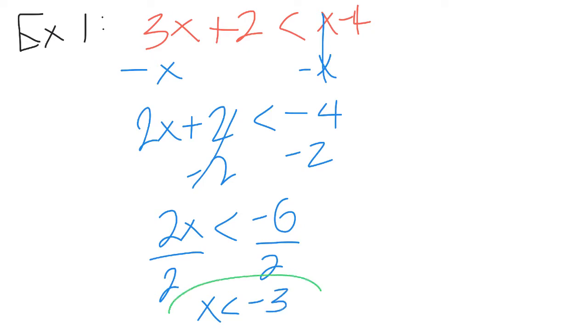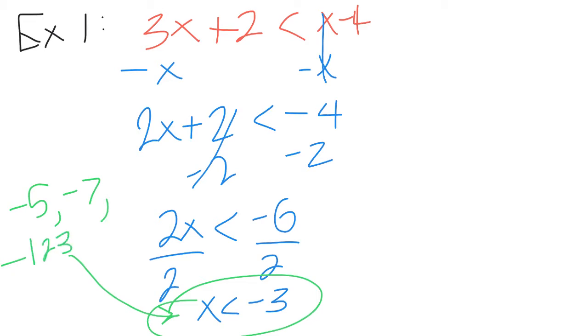What this solution tells me is any point where x is less than -3 is a true solution. So for x, I could put numbers like -5, -7, or even a ridiculous number like -123. All of those values are less than -3, meaning they are further away from 0. So that is solving with just one variable.